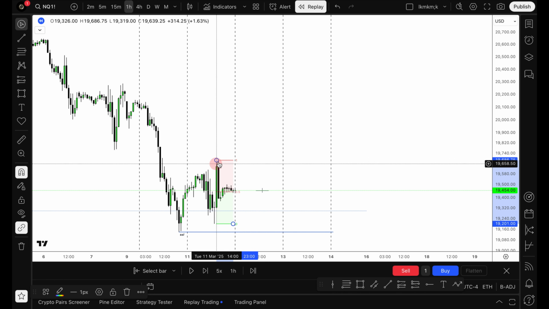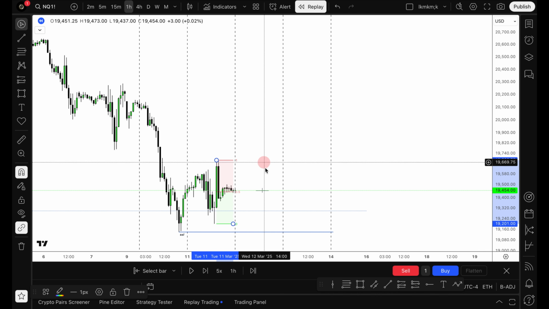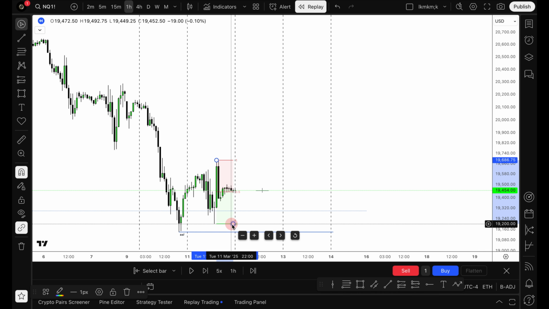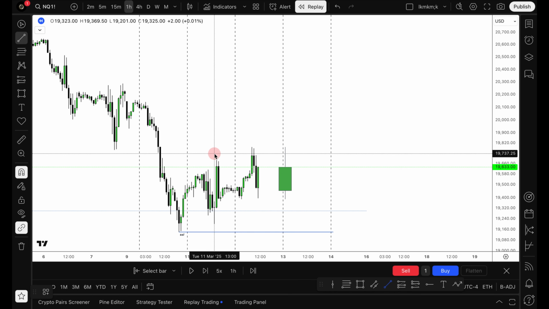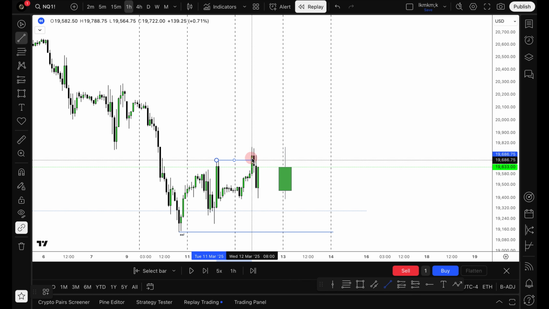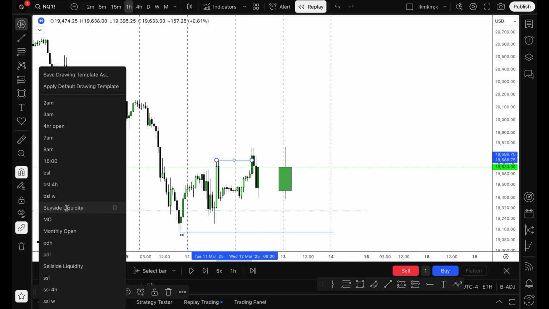If I get a sweep of this high, that's when I know that the market is pairing buy stops with sell positions. So I'd look for a move to the upside before looking for short positions, which we get. Price has taken out buy stops and is pairing it with sell positions.